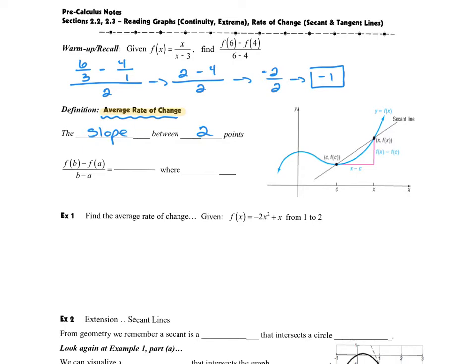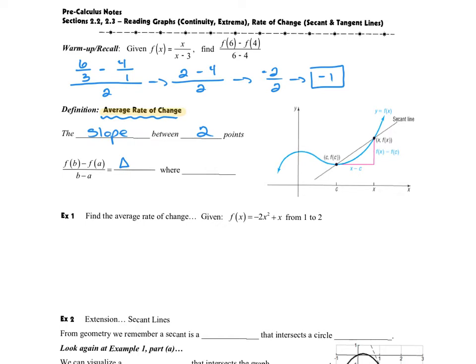So let's break down this notation here. First of all, remember that f of b and f of a, those are really y values. So what we're really doing here is taking the difference between two y values. A new notation that you might not be familiar with is the triangle, which mathematically is read change.